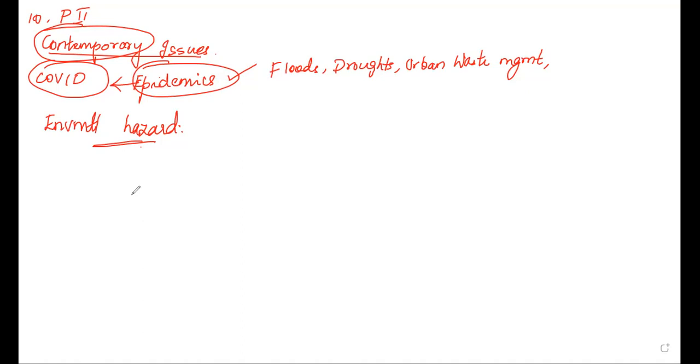Previously it would have been a forest, but because of a new resort in the Nilgiris mountains of the Western Ghats, that forest will be cleared and a building will come up. Because of these kinds of activities, we are increasingly witnessing environmental hazards being influenced by man. So the human factor is increasingly coming up with regard to natural hazards.